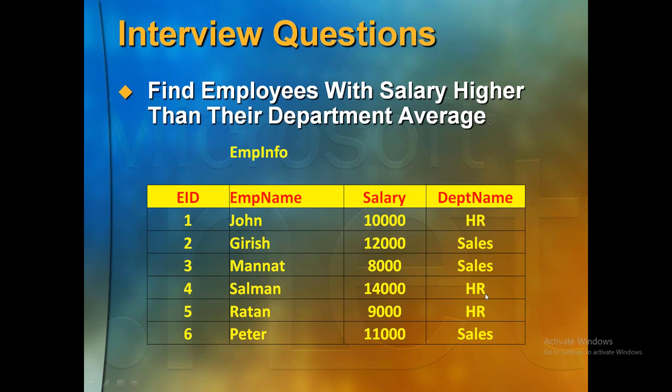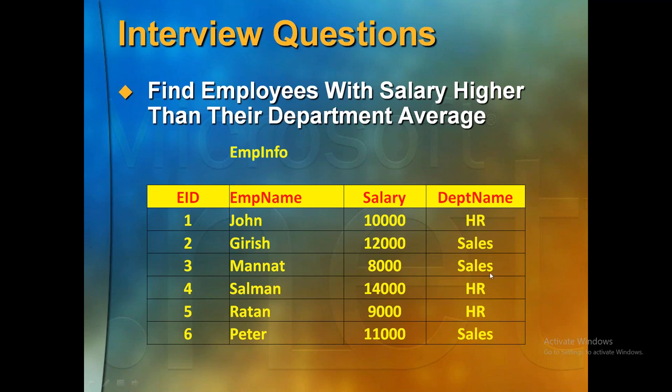First, you need to find the average salary for each department. That means select department name, comma, average salary, group by department name. You will be able to get something, right?